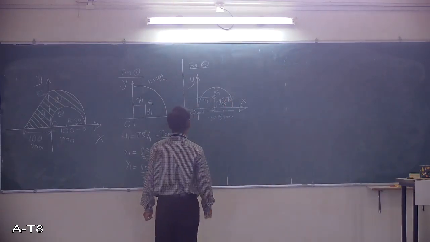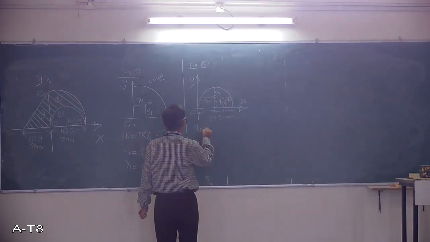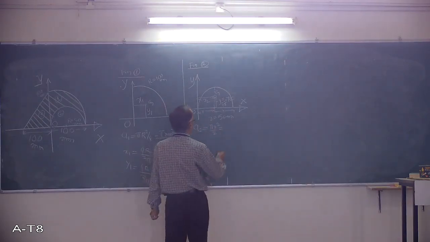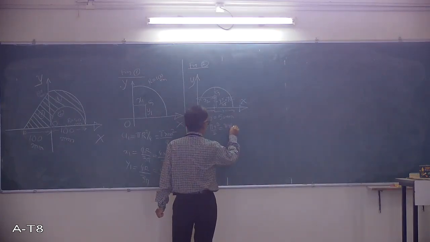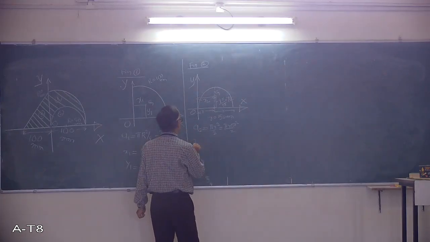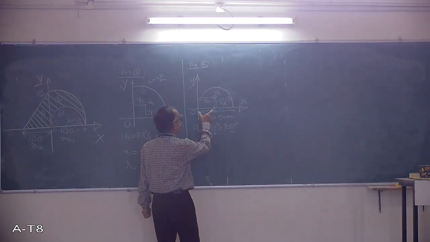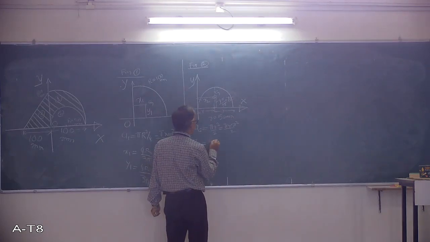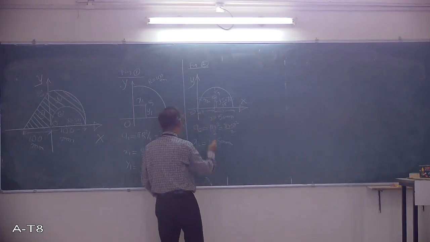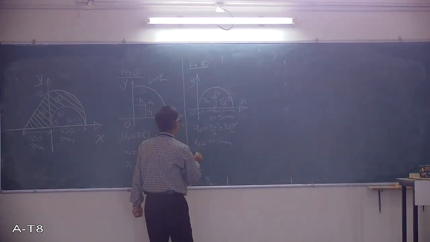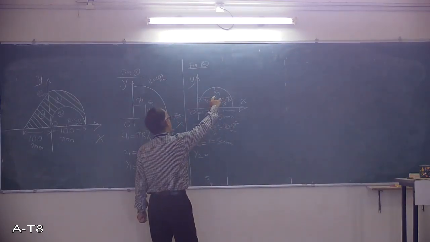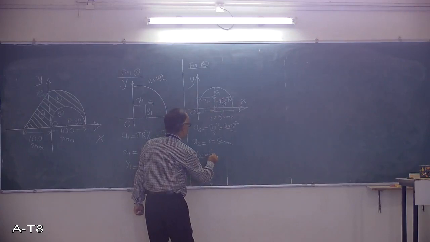So if I write here a2 equals pi r square by 2, because it is a semicircle. So pi into 50 square upon 2. Then x2 is equal to the radius, that is equal to r, that is equal to 50 mm this side. Then y2, this is y2. From the origin we are marking here, that is 4r upon 3 pi.